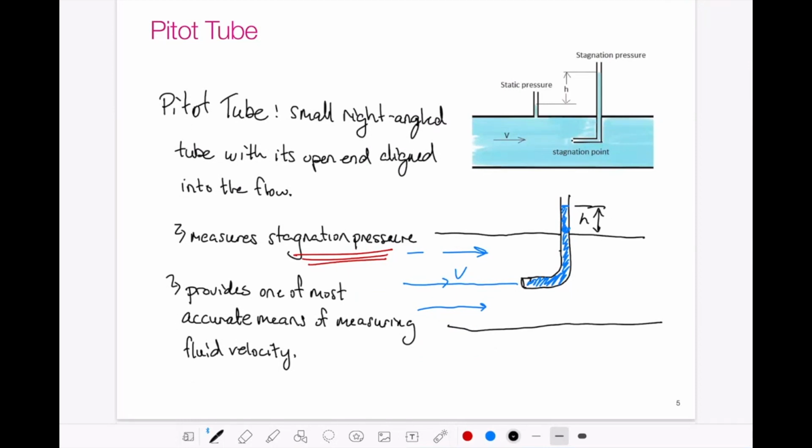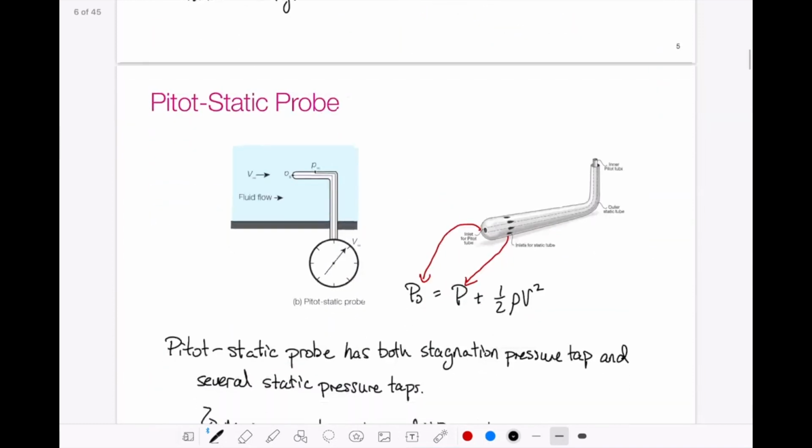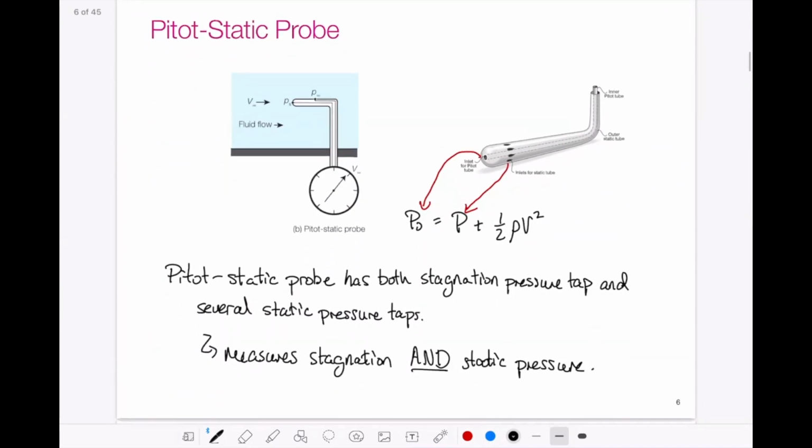Then we introduced one of the flow devices, a measurement device called a pitot tube. And a pitot tube measures your stagnation pressure. And then there's also a pitot-static tube or pitot-static probe, which measures both the stagnation pressure and the static pressure. And by measuring both of these things, you can calculate the velocity of a fluid flow.